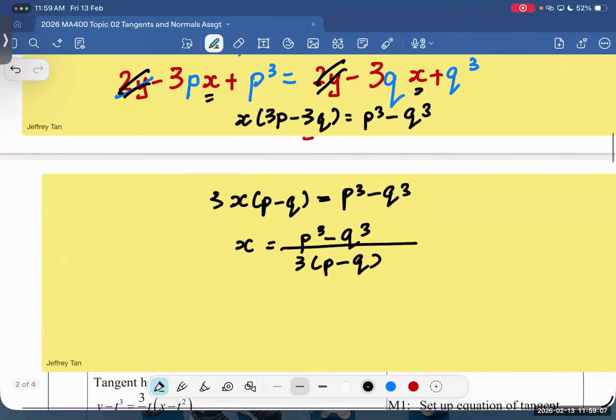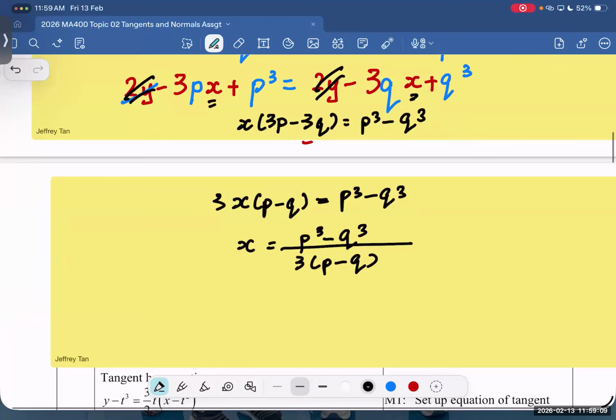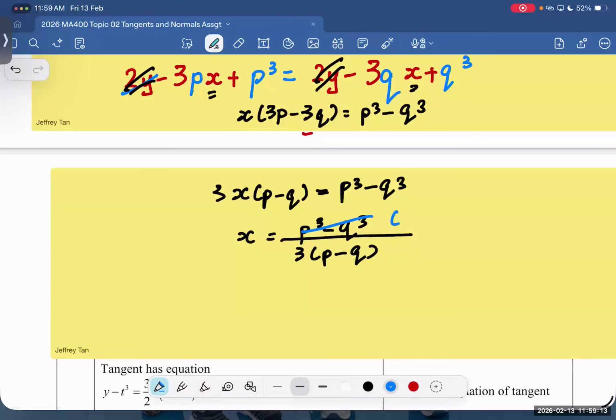If you stop here, it is not done. This is the same as p minus q times p squared plus pq plus q squared. When did we learn this? In JH3, MA 300, topic 8, under polynomials and partial fractions. If I'm not wrong, it's on the second page.